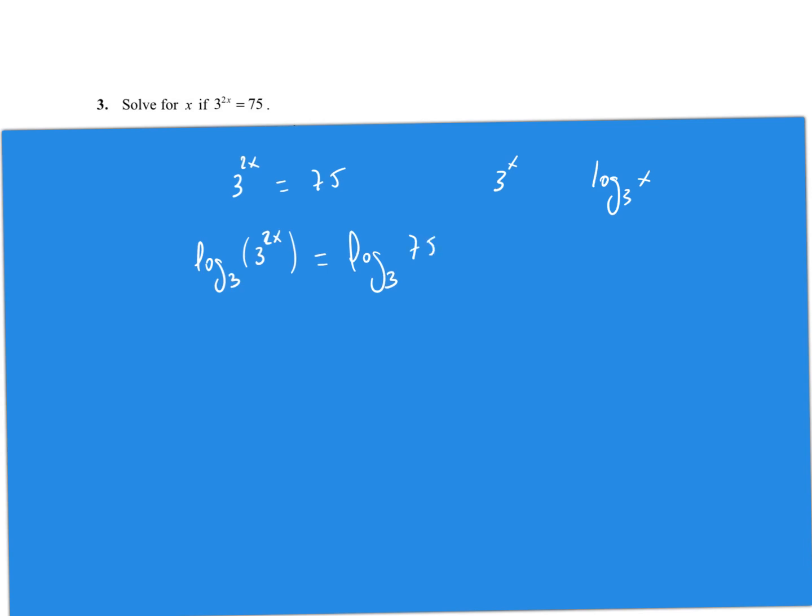Now we will apply the property that the log in base 3 of 3 to the x is the number. So it will be 2x equal log base 3 of 75.